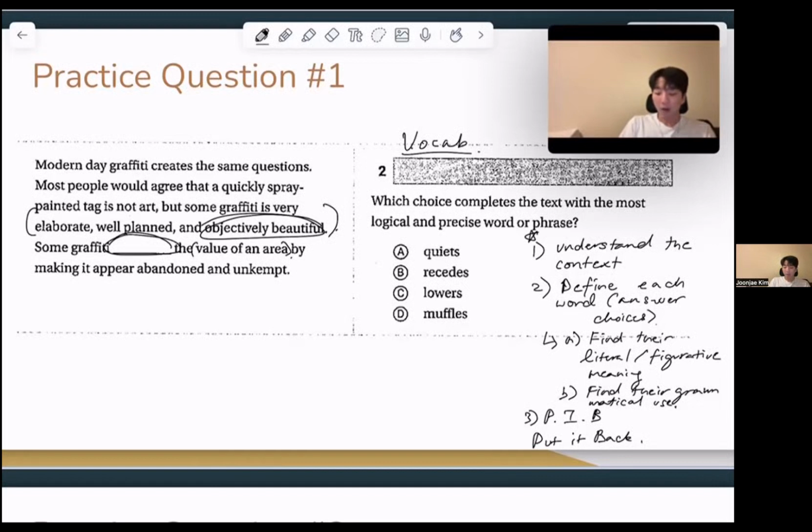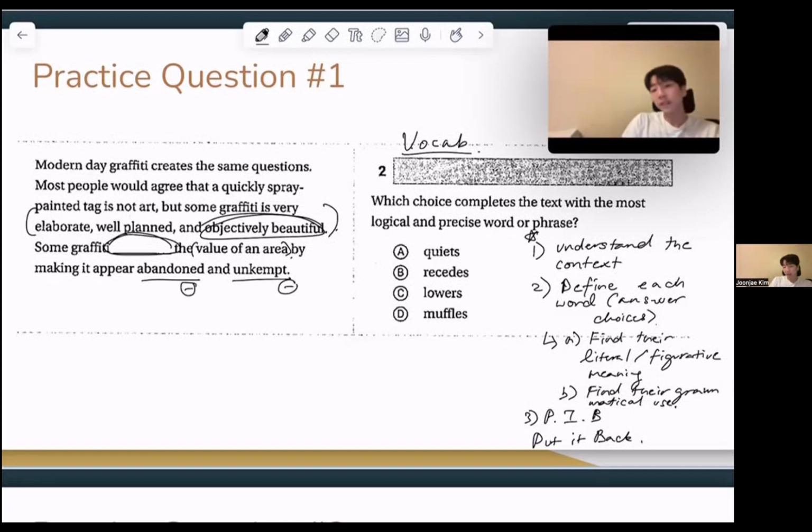And how? By making it appear abandoned and unkempt. Are these positive or negative connotations? Clearly, they're negative. Abandoned and unkempt, those are things that people don't really care about. They would just rather not see it. It's barely treated with care. So these are all negative values.